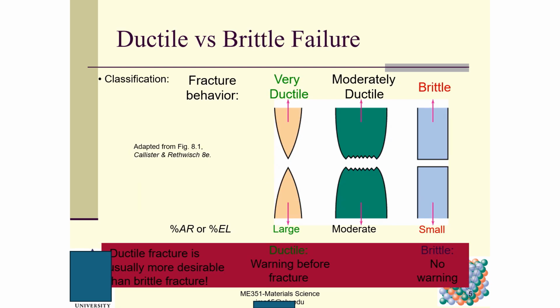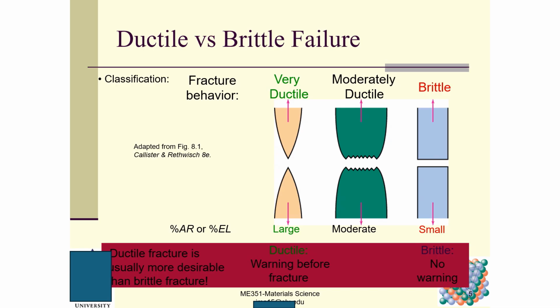And this slide shows the comparison between ductile and brittle fracture, and the classification of fracture behavior. So this is very ductile, this is moderately ductile, and this is brittle. You can see very clearly for very ductile material, when this material breaks, the two ends are very sharp.